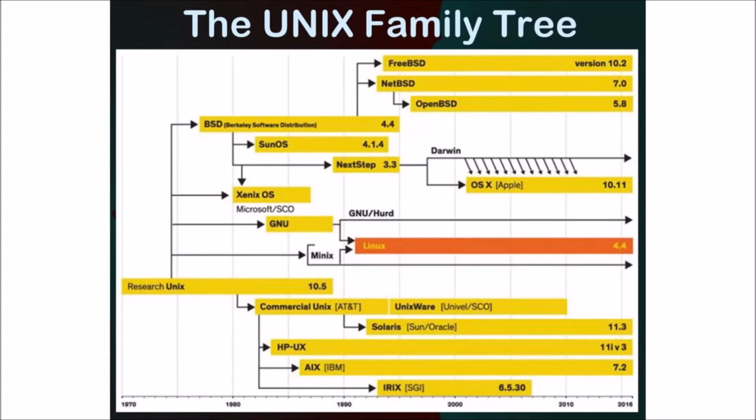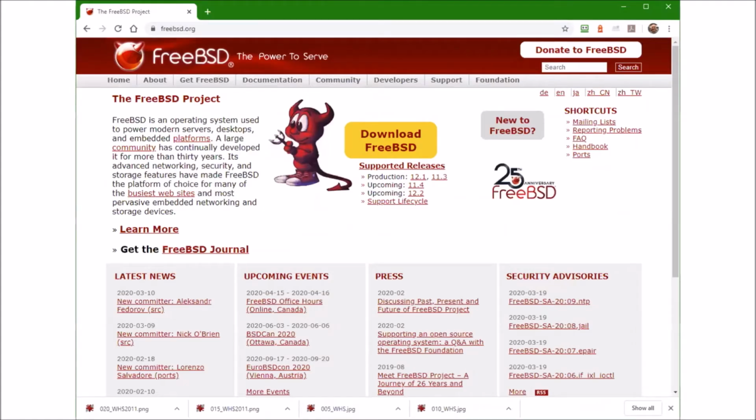Many of you may be familiar with Linux, maybe even Linux gurus. A lot of the commands are very similar, but they're not exactly the same. So if you decide to jump in and try FreeNAS and FreeBSD, you might want to just consult with the documentation before you make a mess of things. All right, so FreeBSD is available at freebsd.org.